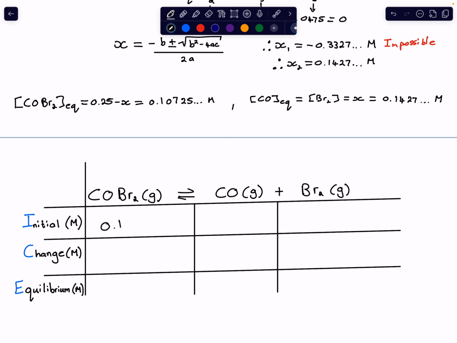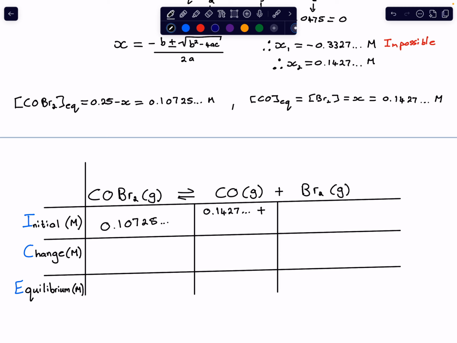So this one is 0.10725 molar. The carbon monoxide, we need to remember that its initial concentration is going to be 0.1427.